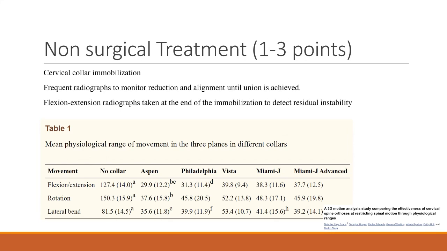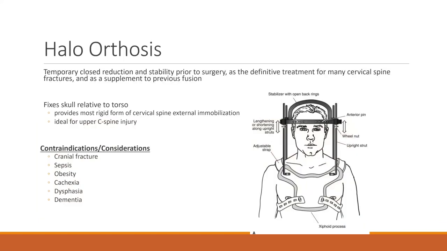And of note, all generally available cervical collars provide restricted movement within all planes of movement, with this study suggesting that the Aspen collar actually demonstrates the greatest amount of restriction, especially when compared to the Vista as well as the Miami J collar. Halo orthosis may also be employed as a more definitive external fixation by fixing the skull to the torso.